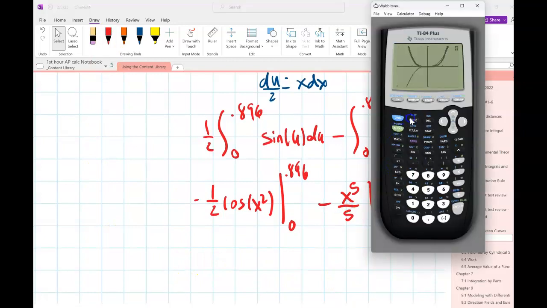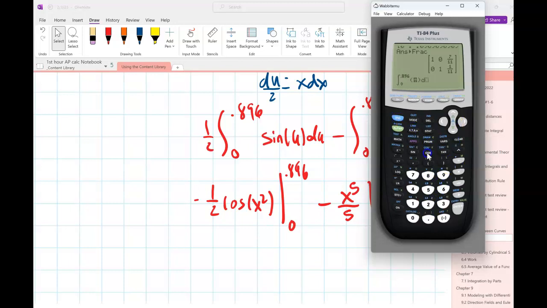Yeah. Okay. Just to re-establish how you would go about doing this. So I've already entered these into the y equals. So I do math, function, integration from 0 to 0.896.